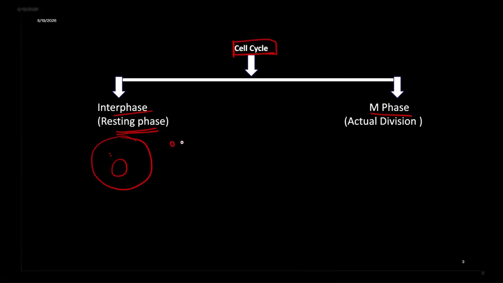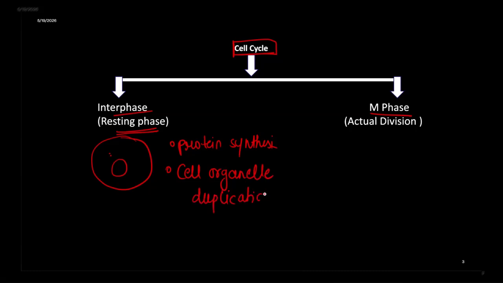All the important protein synthesis will be happening here in interphase. Then cell organelles will also duplicate in this phase. Cell organelle duplication, DNA replication also, DNA and centriole replication also.